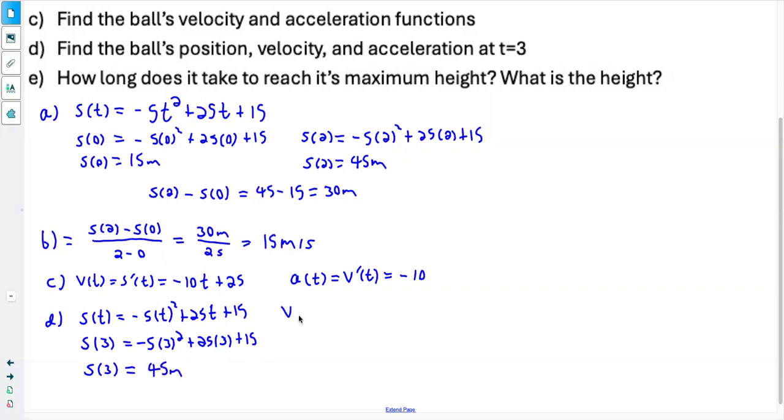Now our velocity at that time, we'll use our -10t plus 25. So velocity at 3 seconds would be -10 times 3 plus 25, which gives us -5 meters per second.